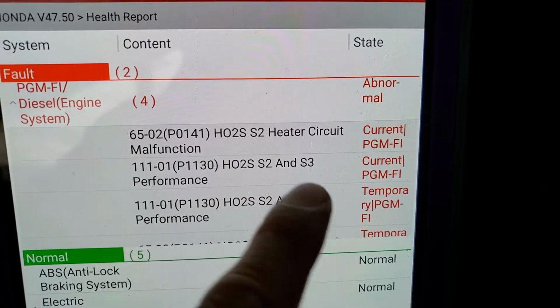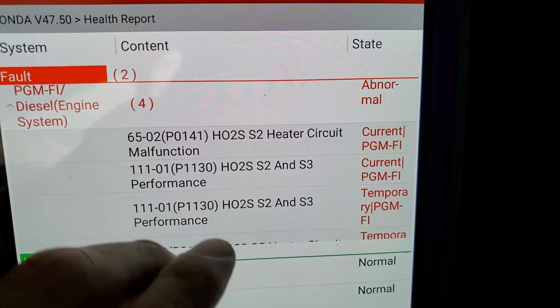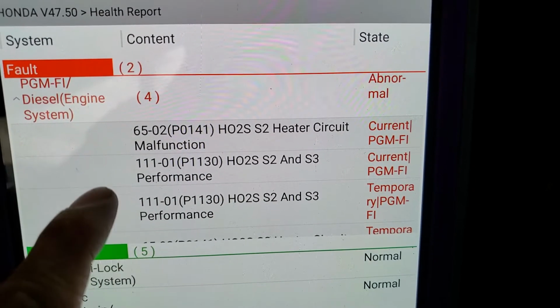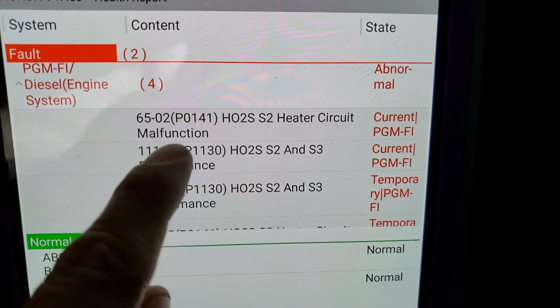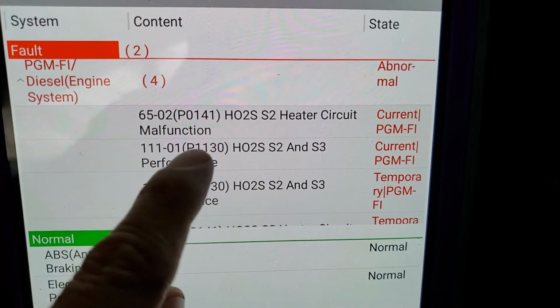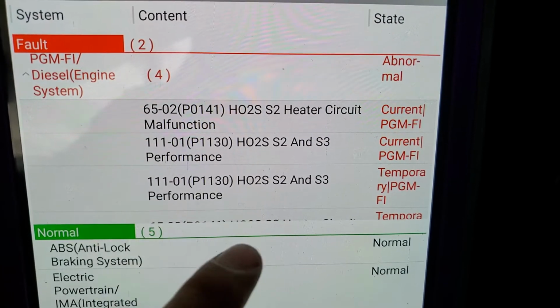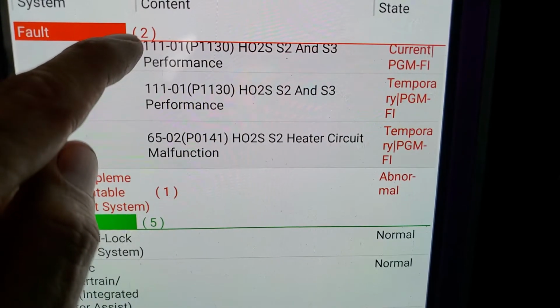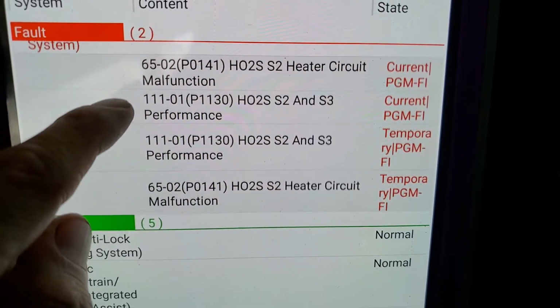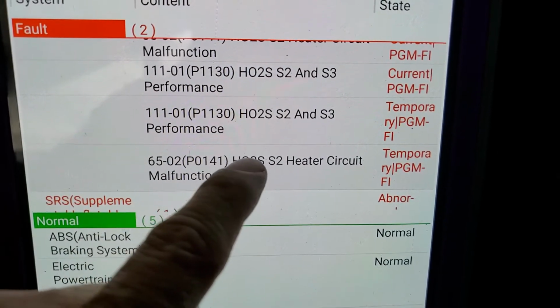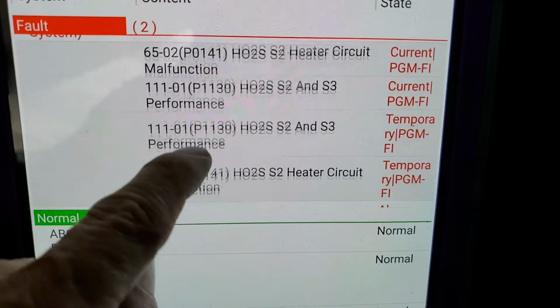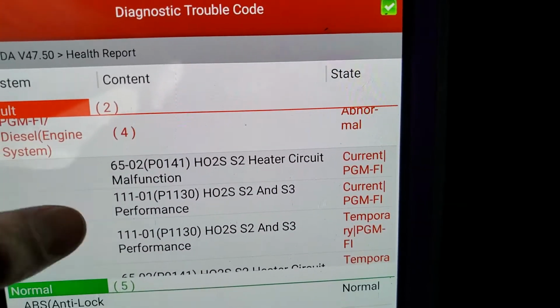So the computer is comparing those two sensors and it is saying there is a problem between those two when it is comparing them. 111-01, that's the manufacturer code. Okay, so those are repetitions of the codes. Heater air fuel sensor malfunction. Okay, good enough.